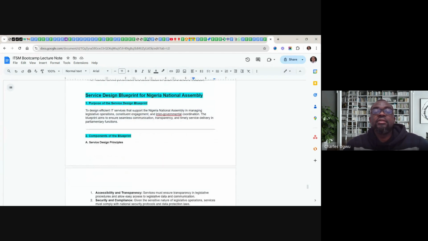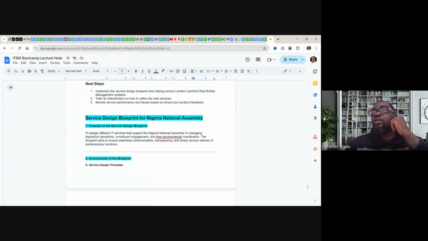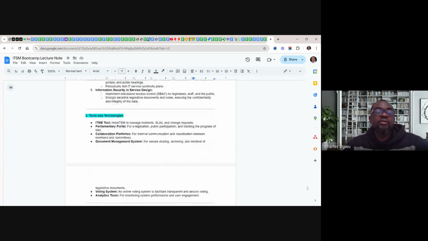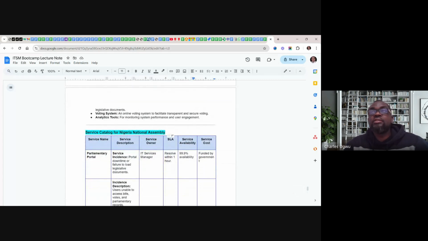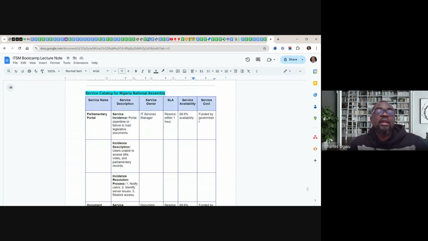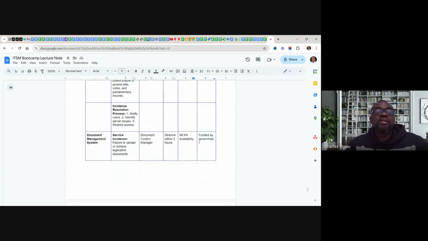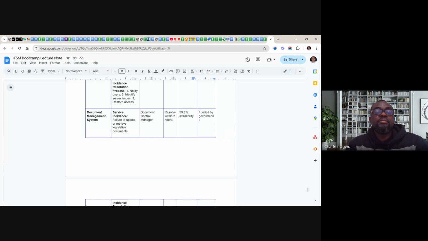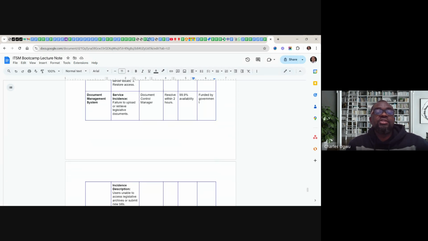And for instance, if we want to look at a government environment like the National Assembly, they have their own different services, so you need to create a different catalog for them. We have parliamentarian portal service. We have document management service.